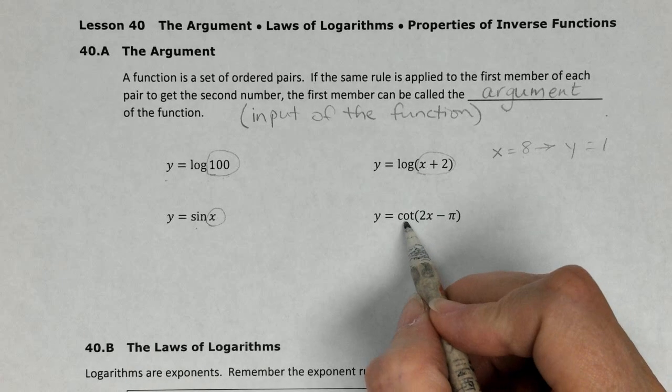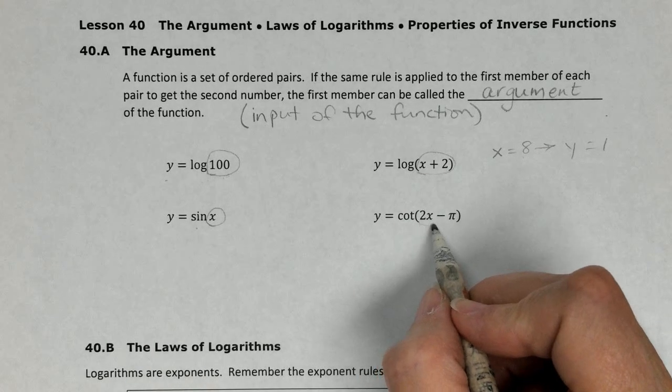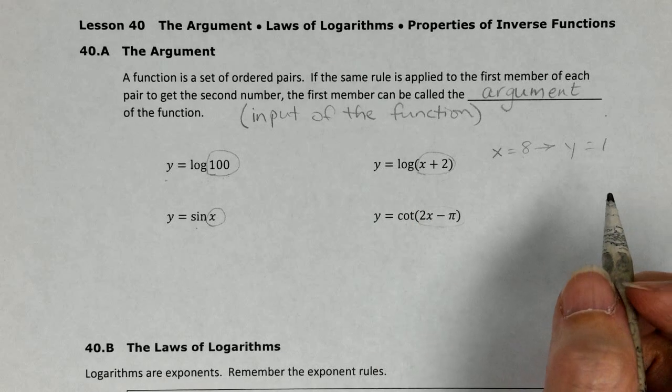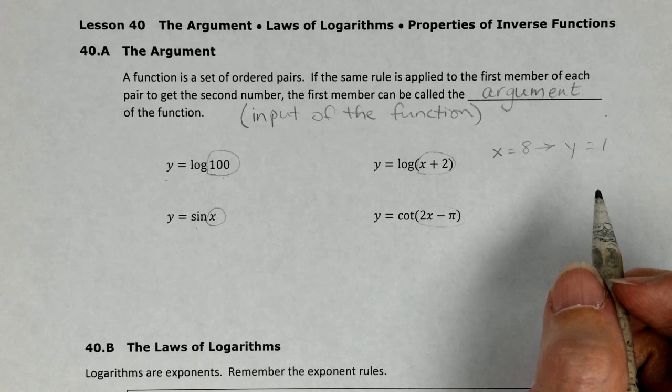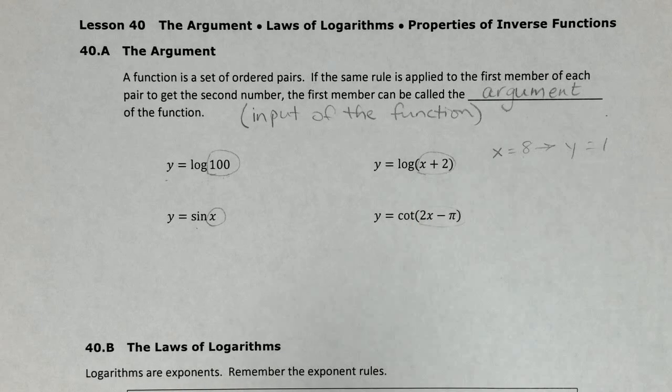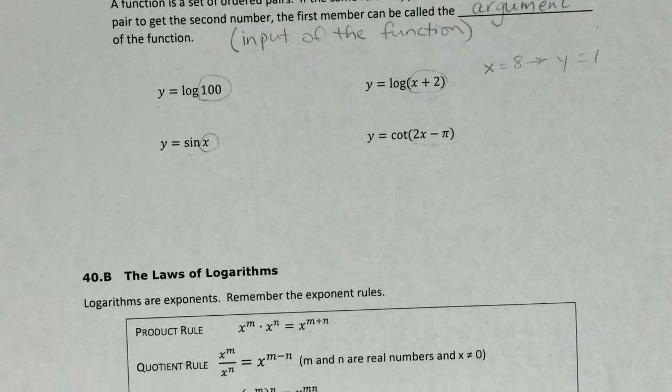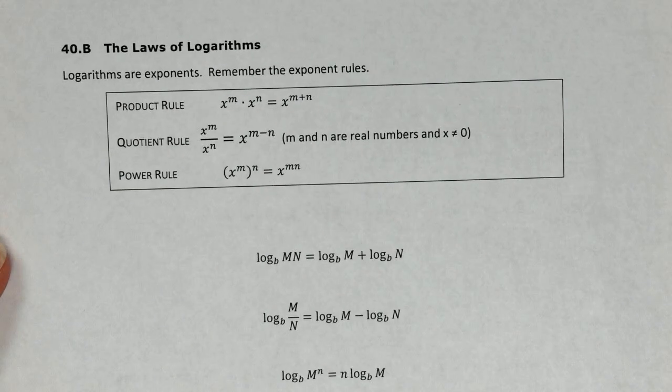Here, this is cotangent, and 2x minus pi is the argument. And again, it's not that it's being multiplied, it's cotangent of what? Sine of what? I don't think there's really much else we need to say about those right now. It's just so you're aware of what we're doing in the next part, and then for the future lessons.